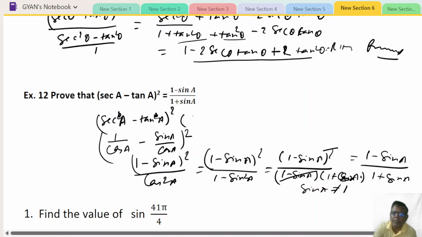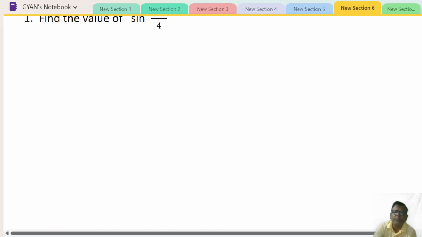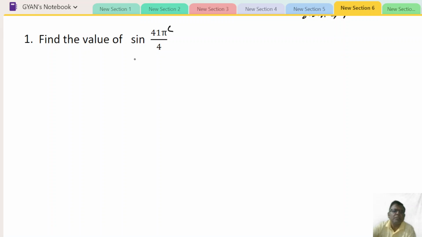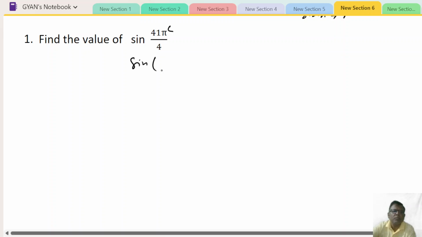So now come to the last question. Last question is sin 41 pi by 4, obviously in radians. So what you do, first you write it like this: 40 pi by 4 plus pi by 4. So this is 10 pi. So sin of 10 pi plus pi by 4.